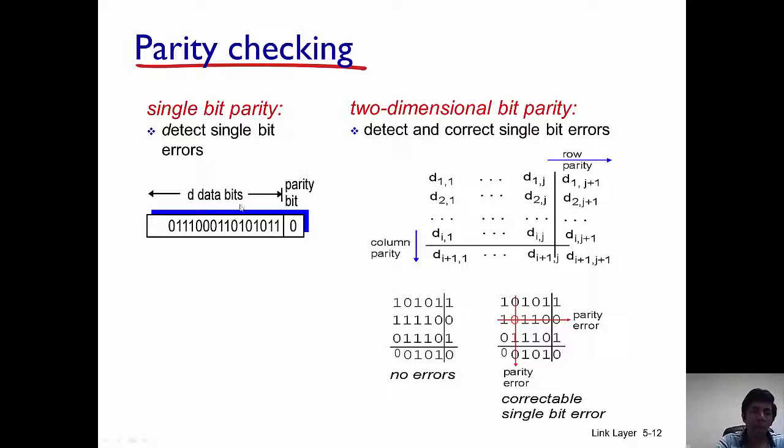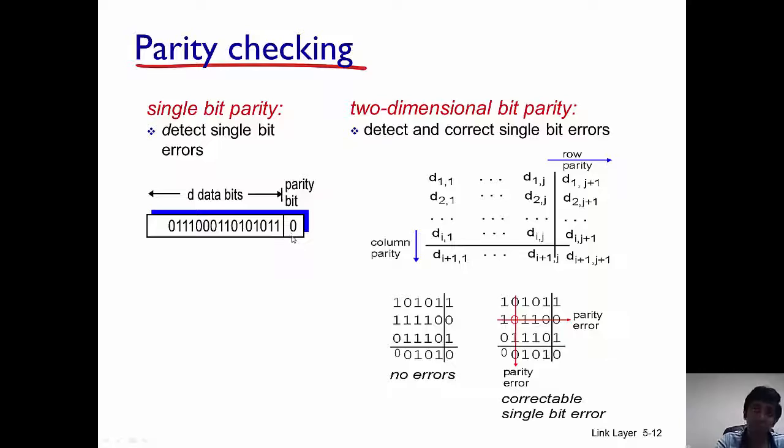So say when the receiver receives the data bits, the second 0 here, this one here, is flipped to 1. What would happen is the data bits will have an even number of ones, but the parity bit is 0.